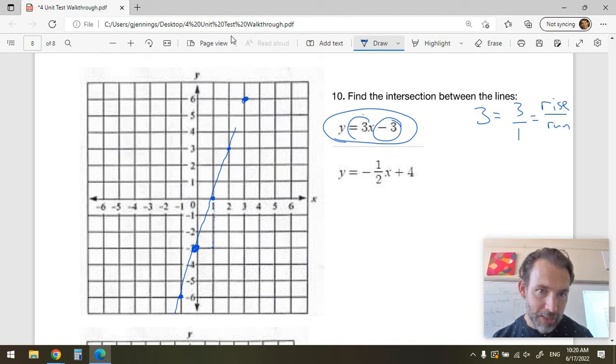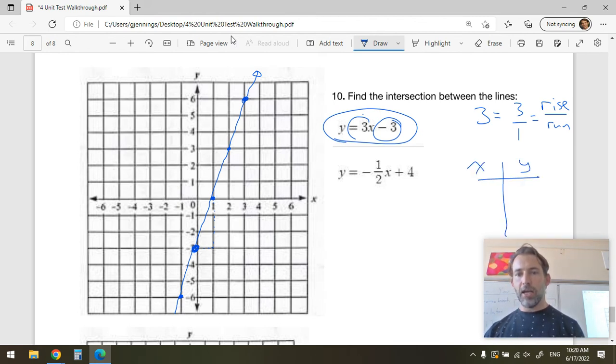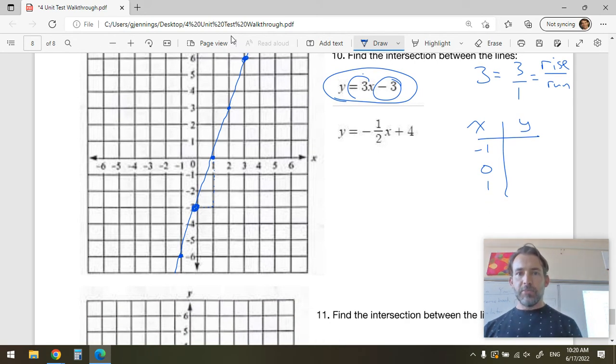If I forget that skill for some reason, I can also graph this with a table of values. And I would say x values, y values. And I would test the following values: -1, 0, 1. And this will do. 3 times -1 is -3. -3 is -6.